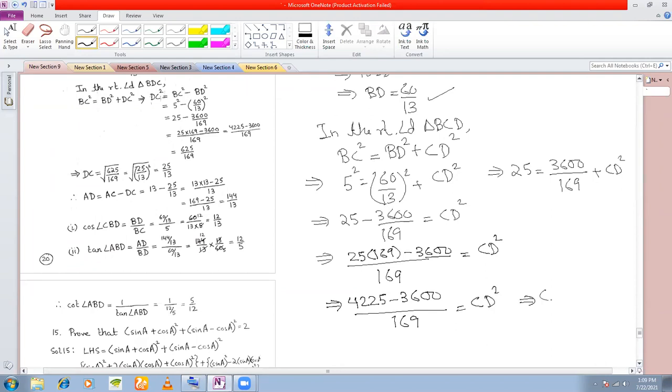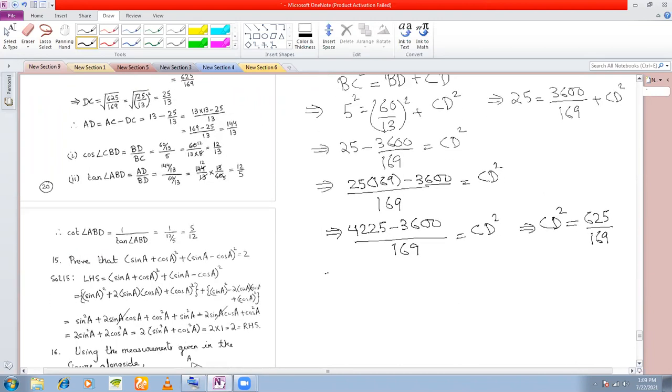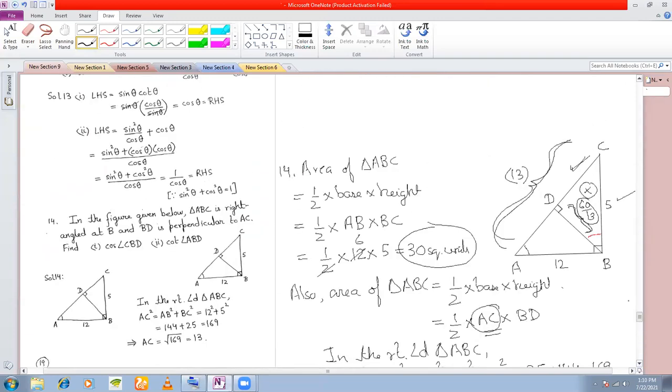That means how much is CD square? 4225 minus 3600 will give you 625 divided by 169. So therefore, CD is equal to square root of 625 divided by 169, which is equal to square root of 25 by 13 whole square, which is equal to 25 by 13. So we have got the length of CD also. We have got the length of this to be 25 by 13.